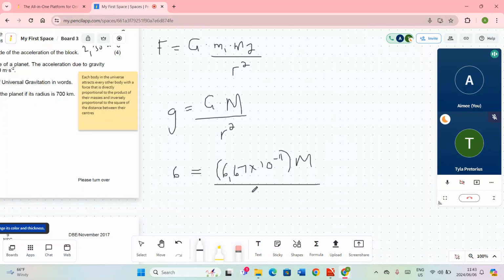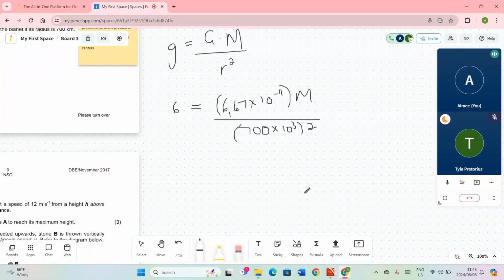So we say 700 times 10 to the power of 3. Why? Because when I'm converting kilometers to meters, I multiply by 1,000, and 10 to the power of 3 is the same as 1,000. And I square. Then you plug that into your calculator.